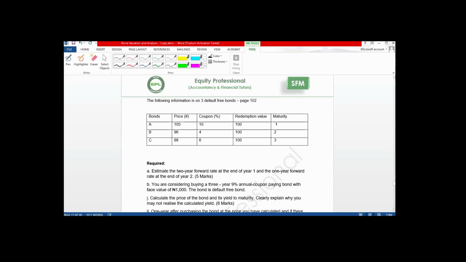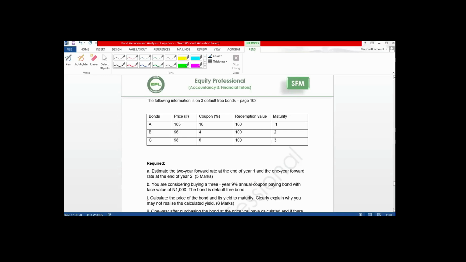We have bond A. The price is 105. The coupon is 10%. Redemption value is 100. That means the face value is 100. If we are working with 3 digits, that means the face value is 100 without being told.